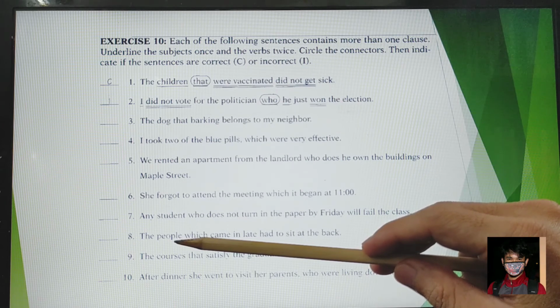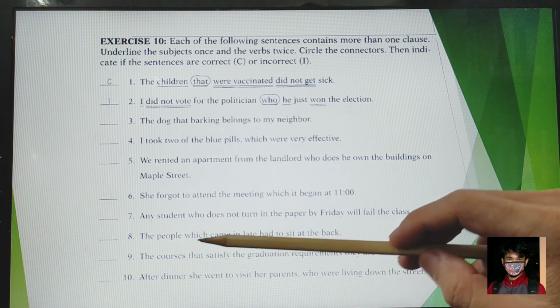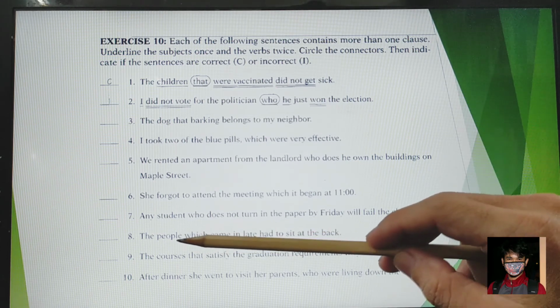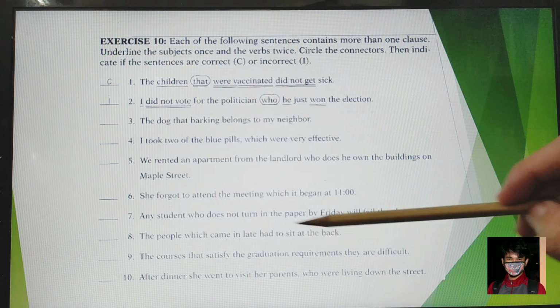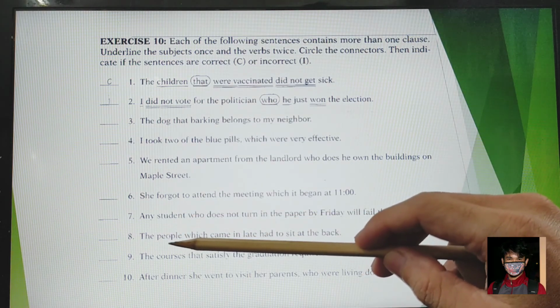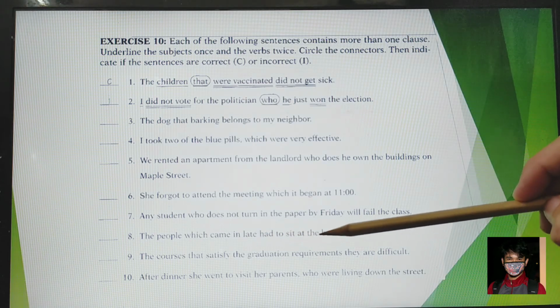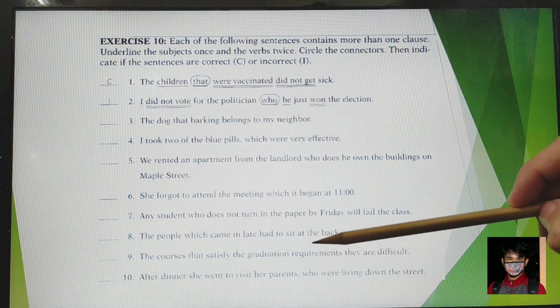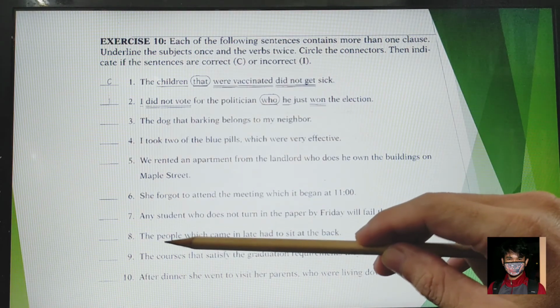It should be who or that. The people who came in late had to sit at the back, or the people that came in late had to sit at the back. That's the point. The incorrect connector should be who or that, because it's people.